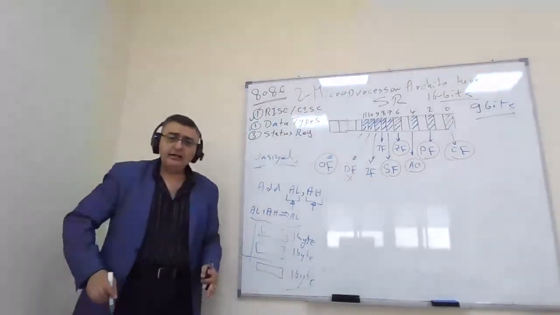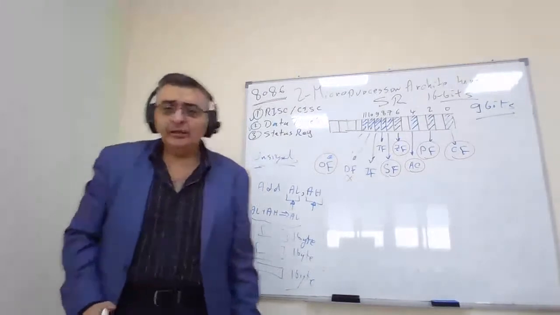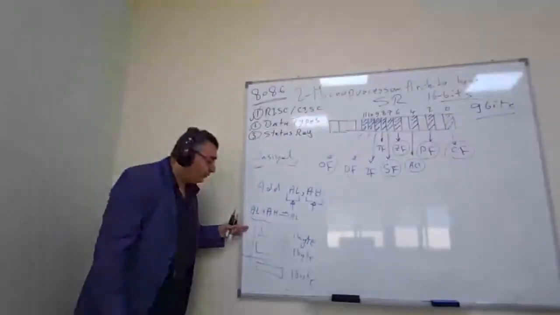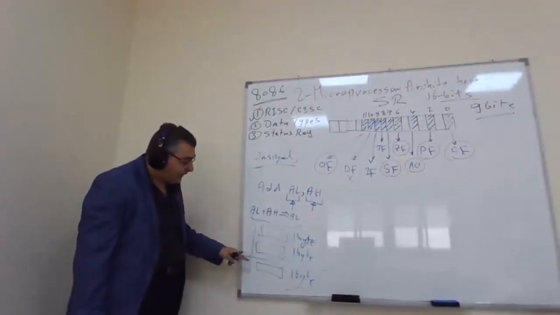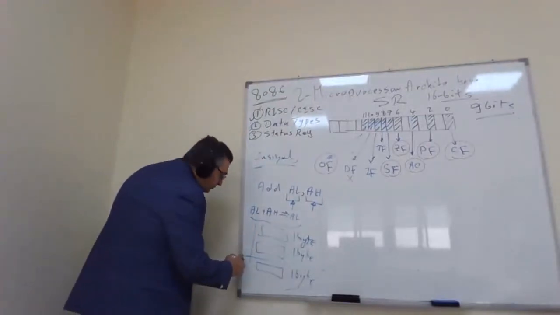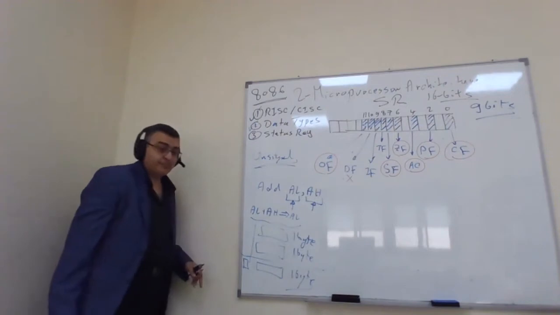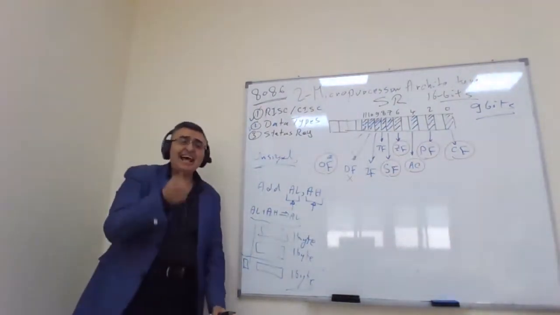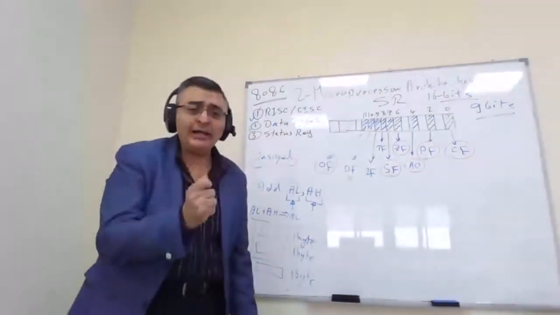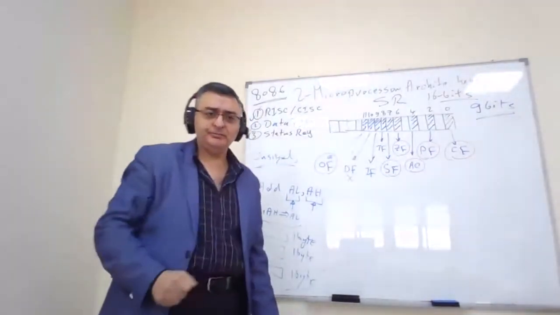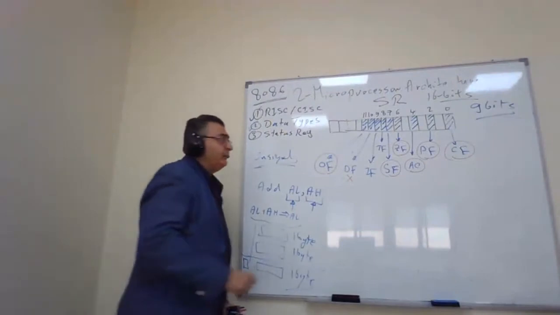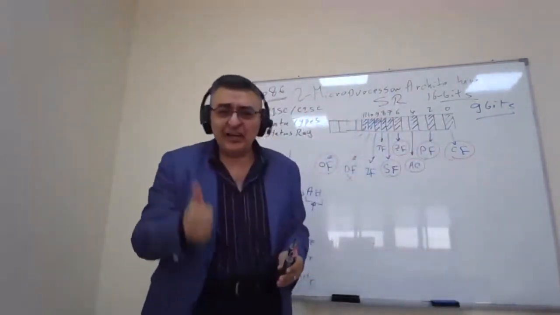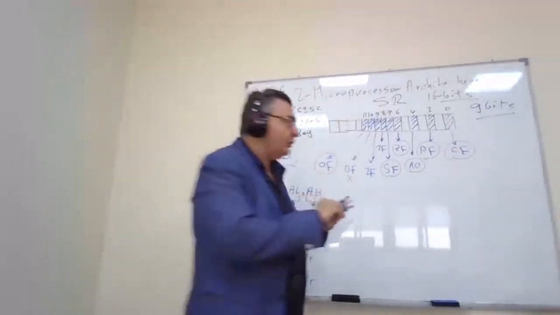But we have a case called, as the smart ones all said, an overflow. Adding 1 byte to 1 byte may exceed 1 byte. It will be 1 byte and 1 bit. So I want to indicate there is an error while adding those numbers. This will go to the carry flag.